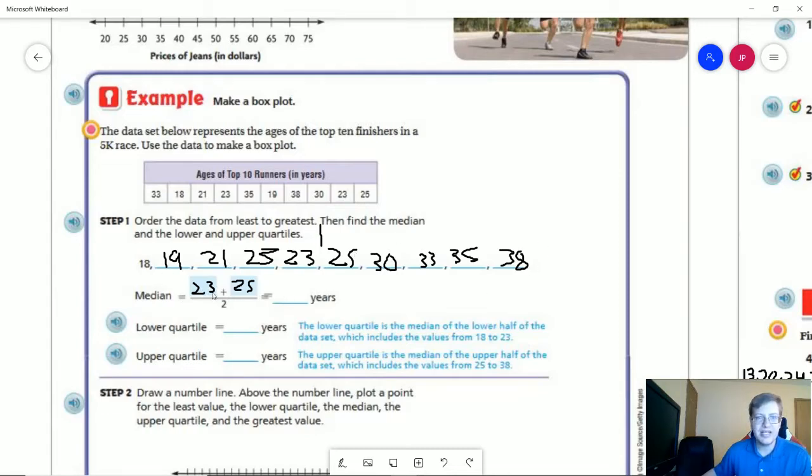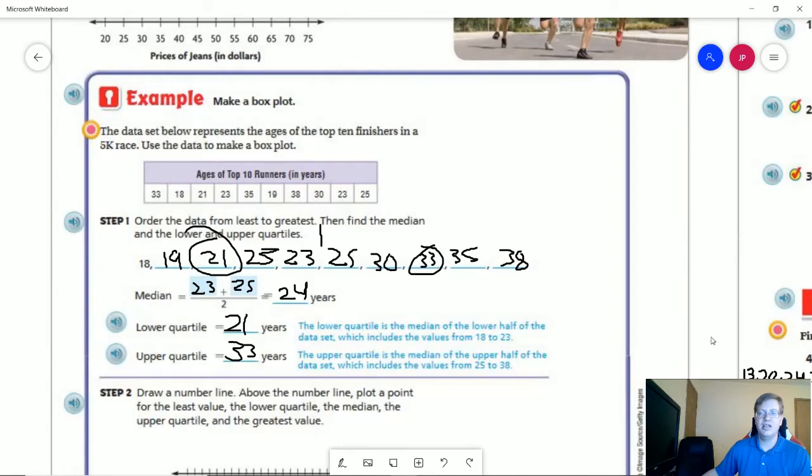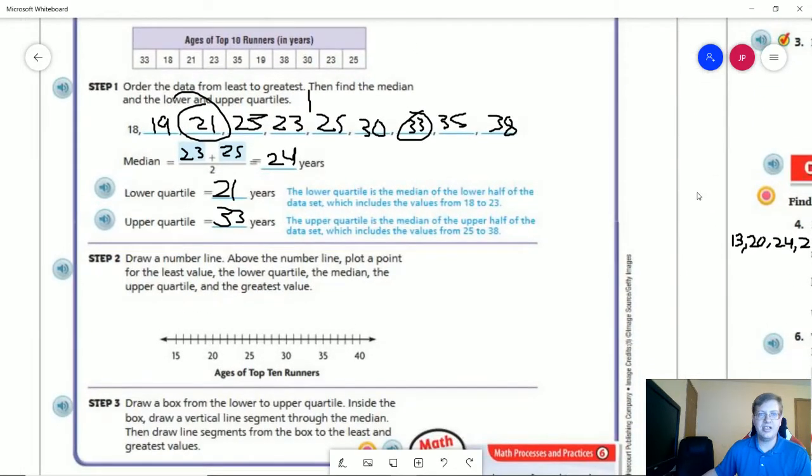So we can go ahead and know that 24 is going to be the number in between 23 and 25. For our lower quartile, we would use the number 21. For our upper quartile, we would use the number 33. And we are again just getting that because that is the middle number in that particular set of data.